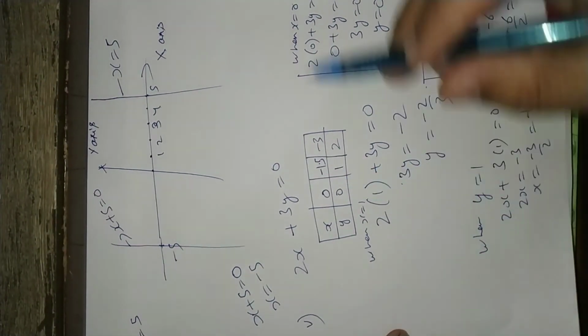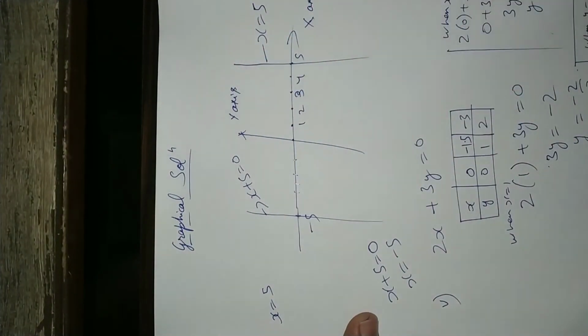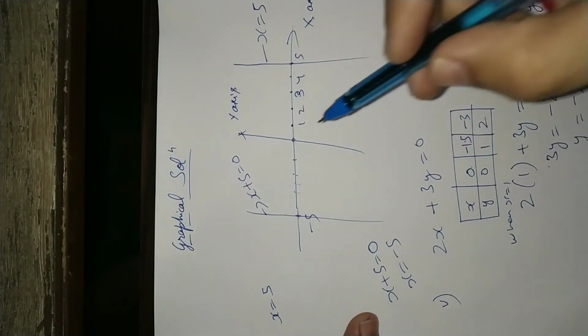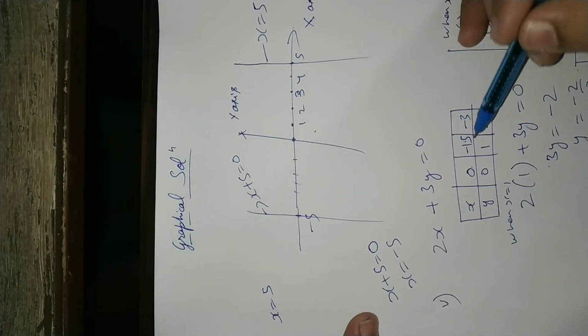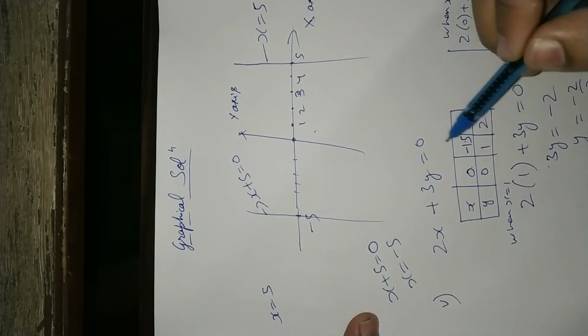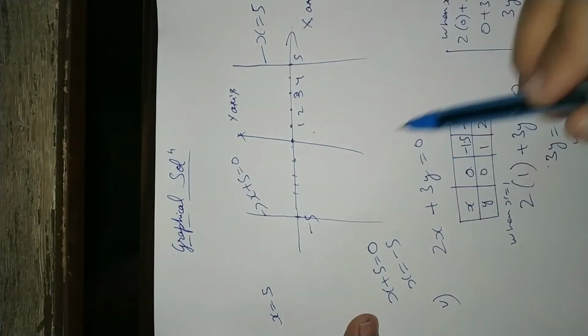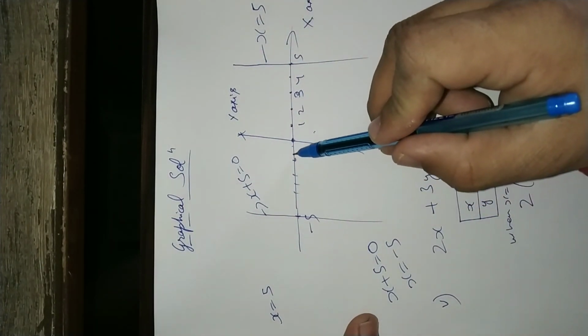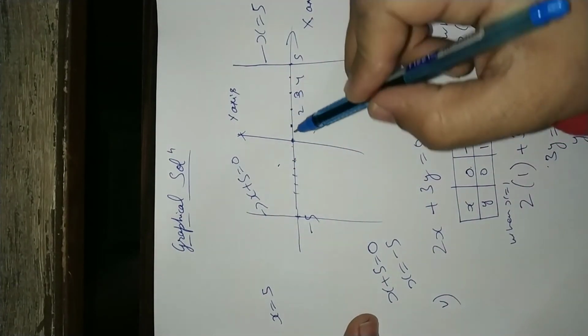Now these 3 points you have to plot on the graph. One point is 0, 0. One point is minus 1.5 on the x-axis and y is 1, so it might be this point.